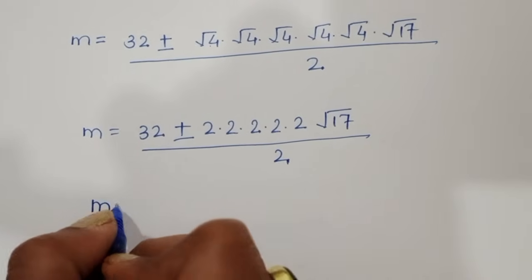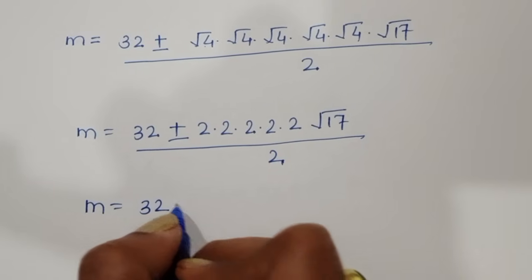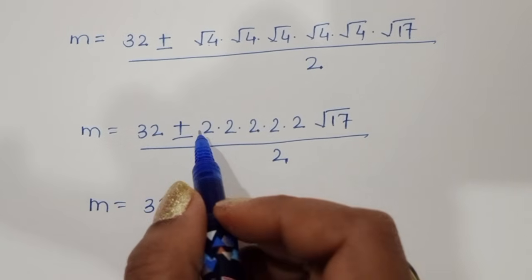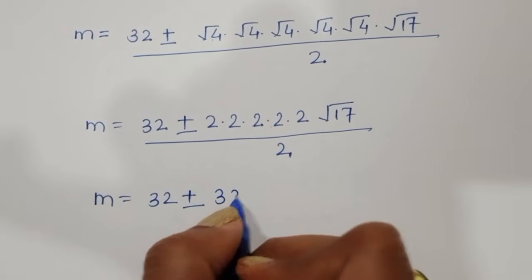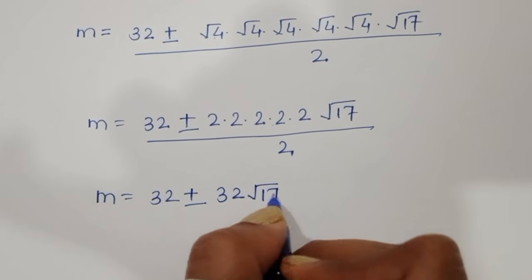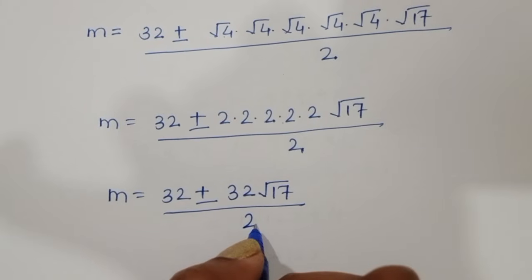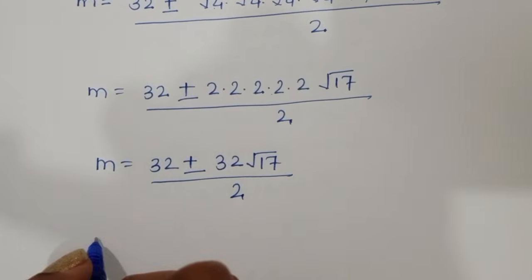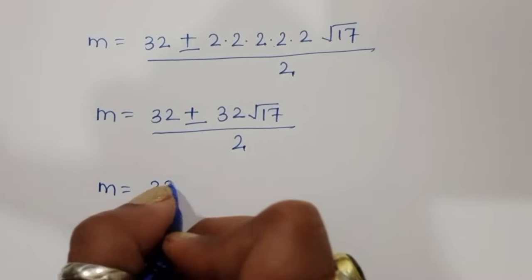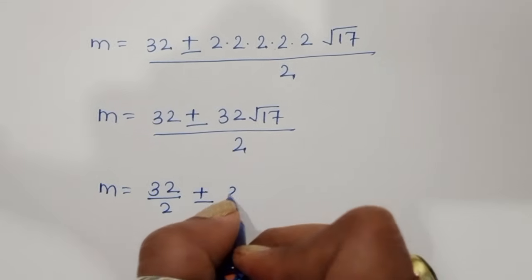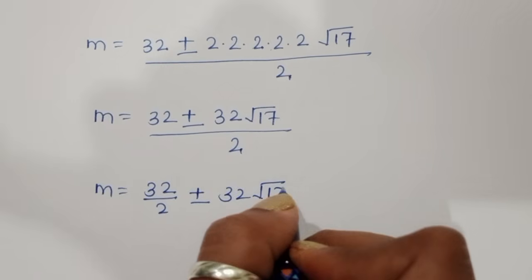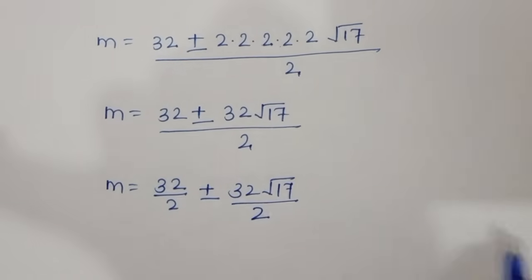So m is equal to 32 plus minus, now here 2 2s are 4, 2 4s are 8, 2 8s are 16, 2 16s are 32. 32 square root of 17 divided by 2. Now m is equal to 32 divided by 2 plus minus 32 square root of 17 divided by 2.